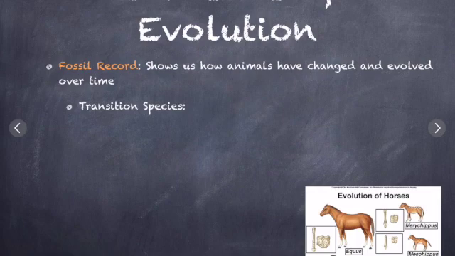Now, these next couple slides are pretty much the big backbone of Darwin's thing. And these were the evidence that he came up with for evolution. Now, most of the evidence we have comes from what's known as the fossil record. The fossil record shows us how animals have changed and evolved over time. And we look at this through something called transition species.